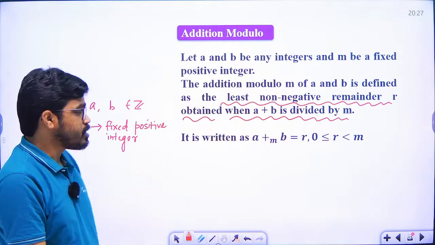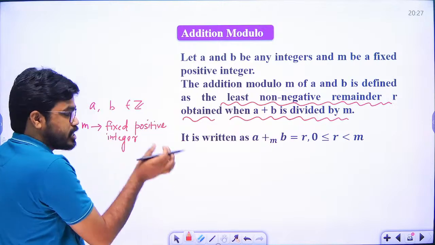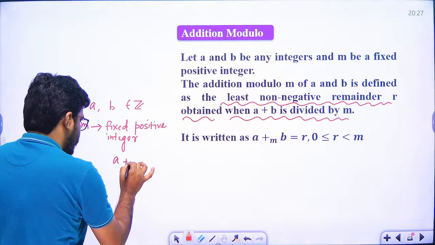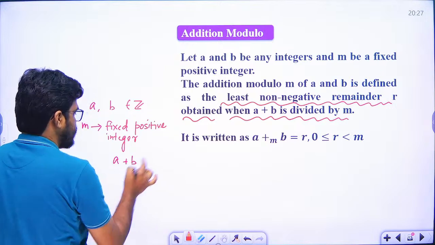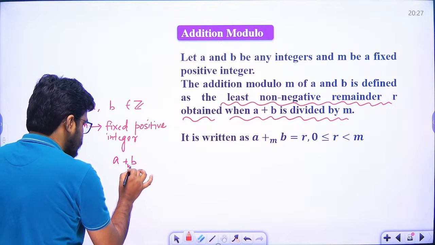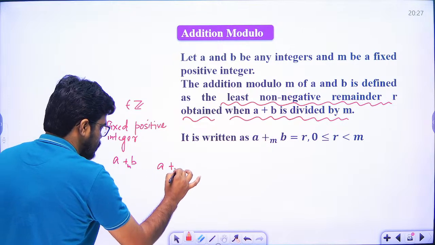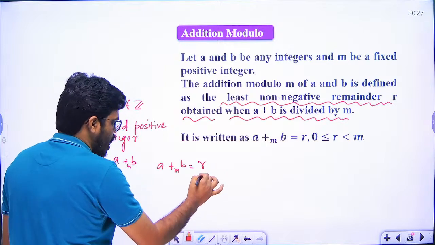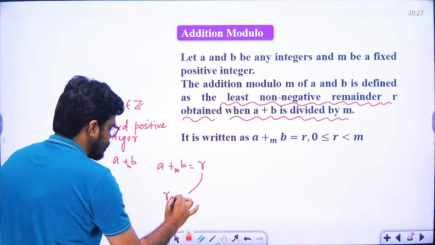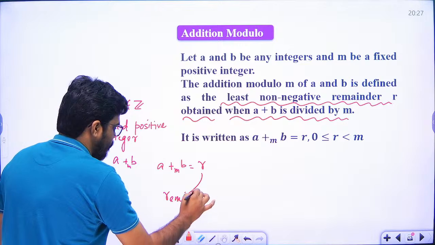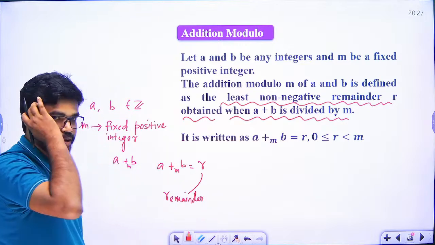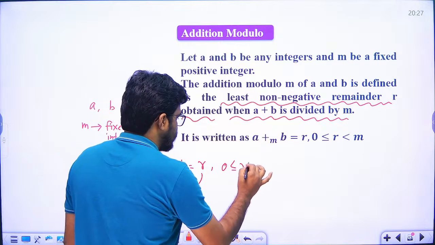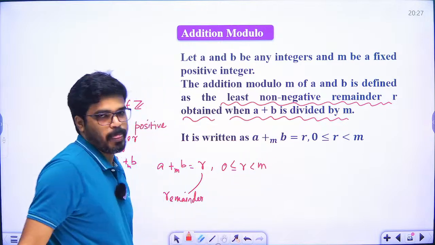Remainder, what does it mean? A plus b is denoted by a plus m b, and this is equal to r. What is r? r is the remainder, where 0 is less than or equal to r, less than m, right?